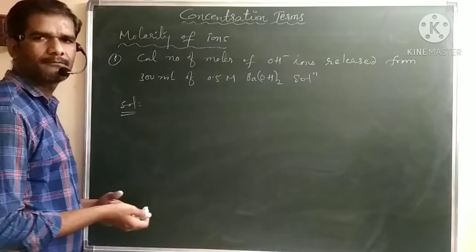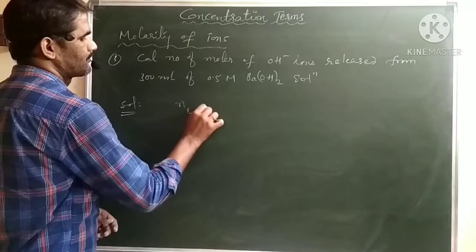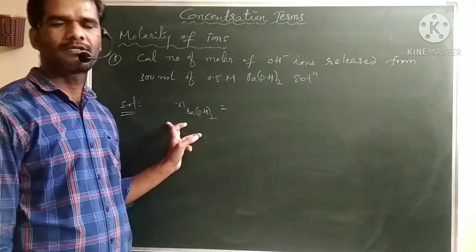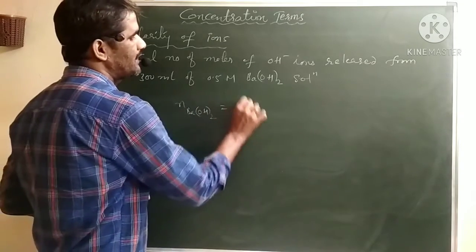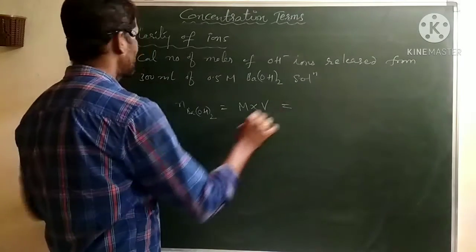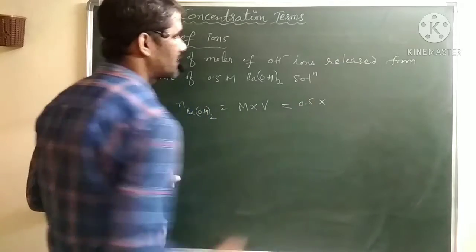Again, first we have to calculate the number of moles of barium hydroxide. What is the formula for number of moles with respect to molarity? We have taken it already, that is molarity into volume. Here what is the molarity of the solution? 0.5 molar into what is the volume?